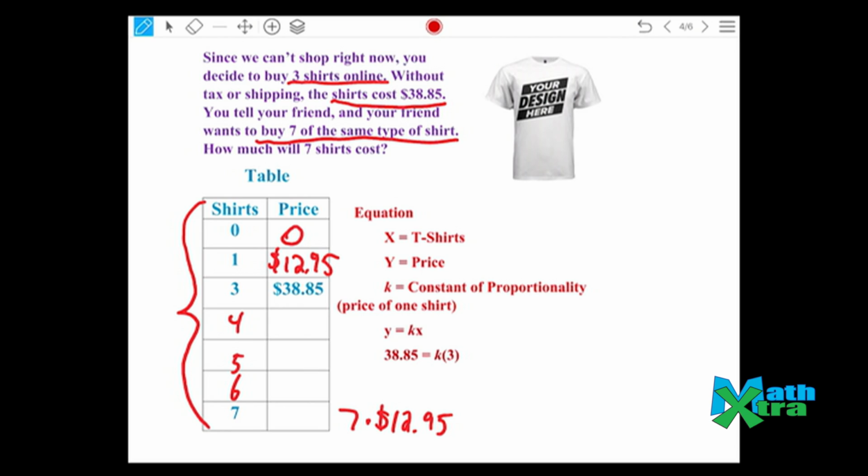And then if I can multiply 7 times 5 cents, 35 cents, all I have to do is subtract $91 minus 35 cents, and I know it's going to cost $90.65.